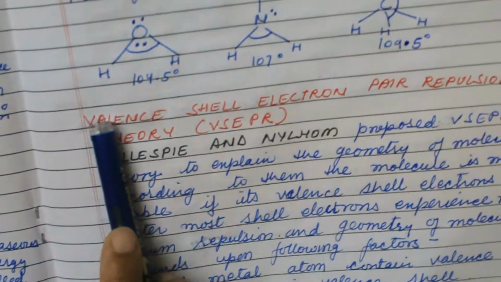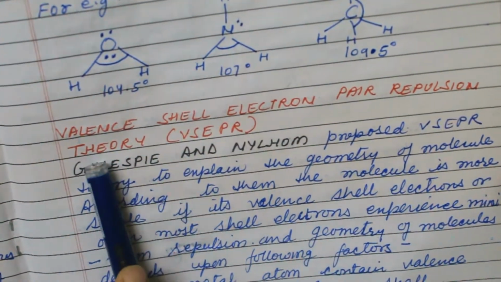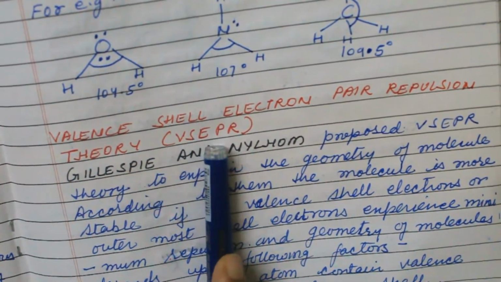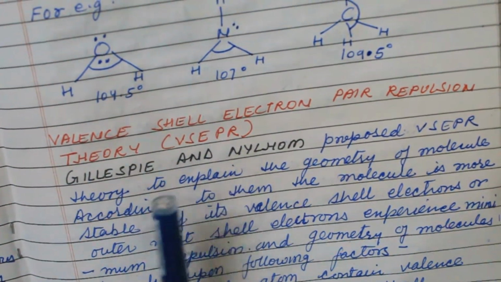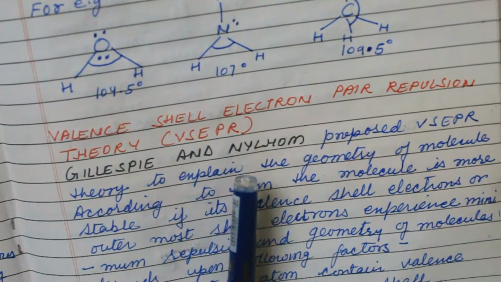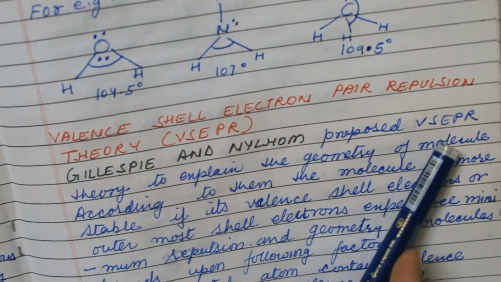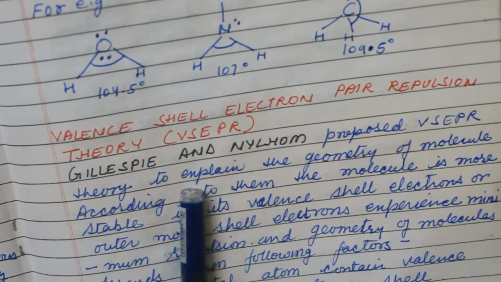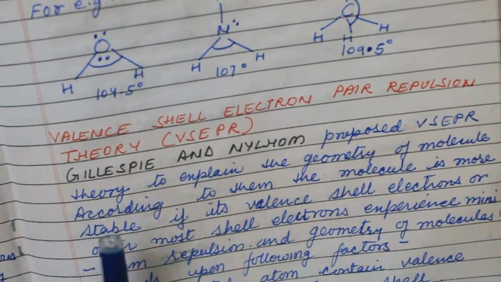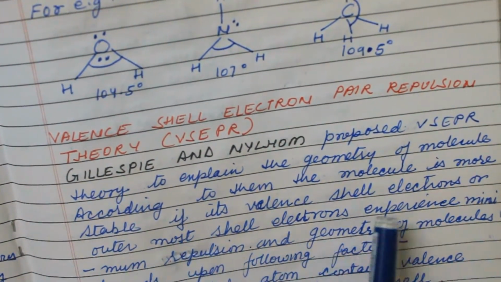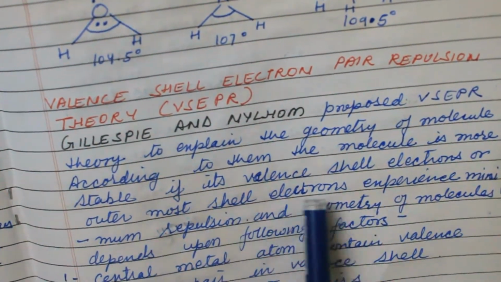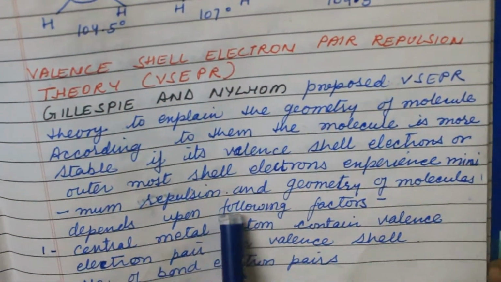Now the next topic is valence shell electron pair repulsion theory, or VSEPR theory. Gillespie and Nyholm proposed VSEPR theory to explain the geometry of molecules. According to them, the molecule is more stable if its valence shell electrons, or outermost shell electrons, experience minimum repulsion.